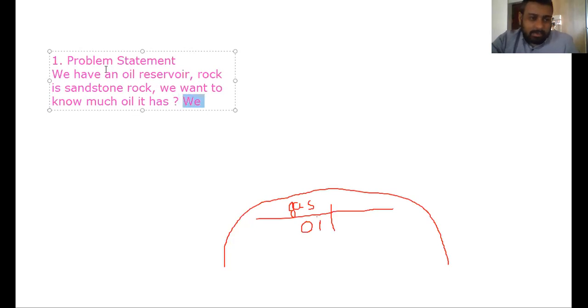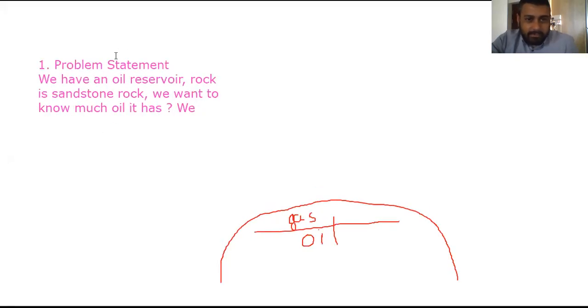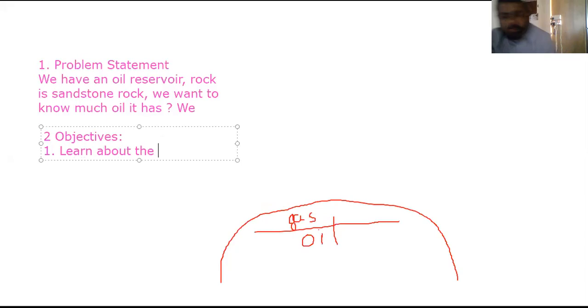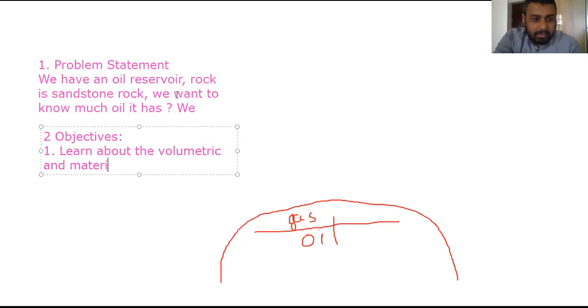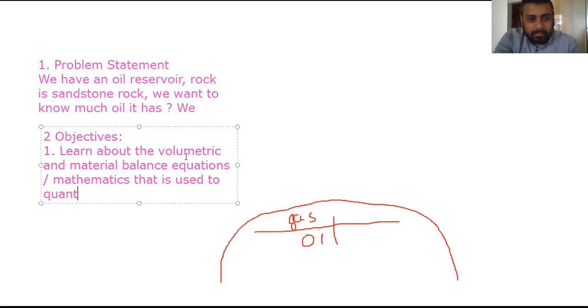Now, in order to solve this problem, our next step is to determine the objectives. My first objective is to learn about the volumetric and material balance equations, the mathematics that is used to quantify the oil.